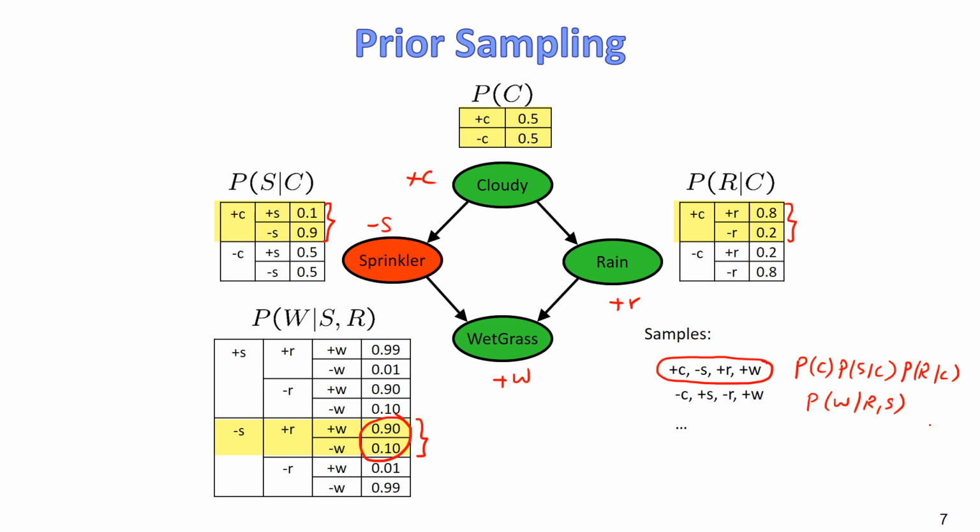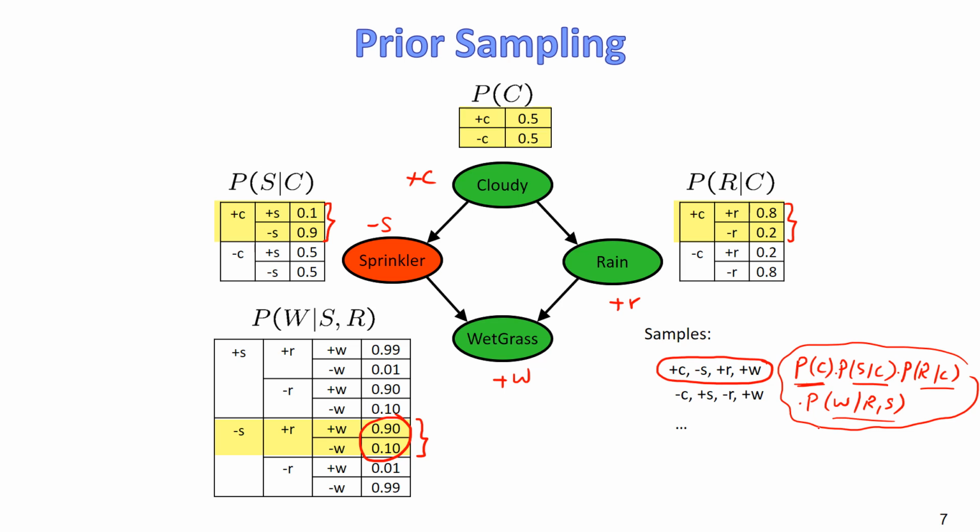So this is the process that we did. We get C from the prior distribution of C, we get S from the conditional distribution of S given C, we get R from that conditional distribution, we get W from that conditional distribution. Now, if you look at this process, of course, all of these are multiplied by each other.